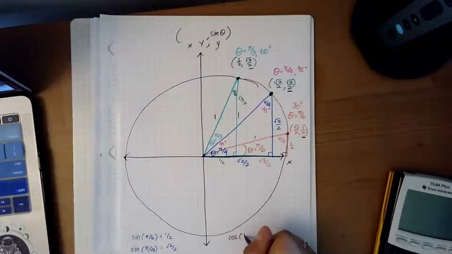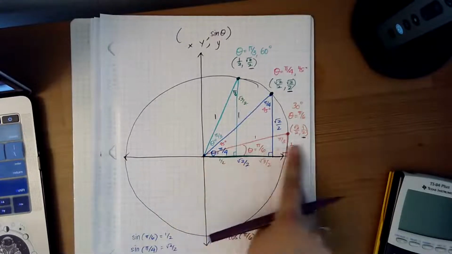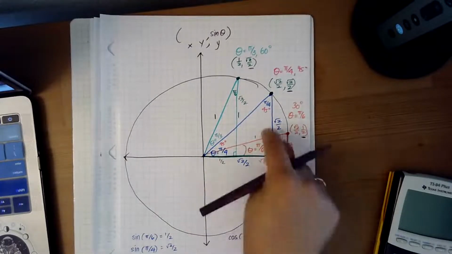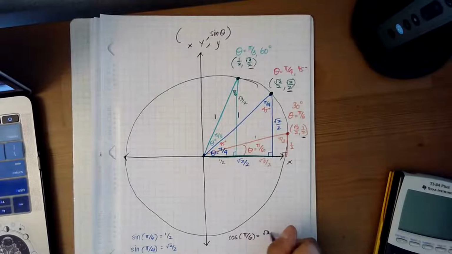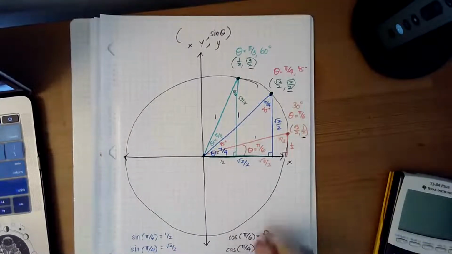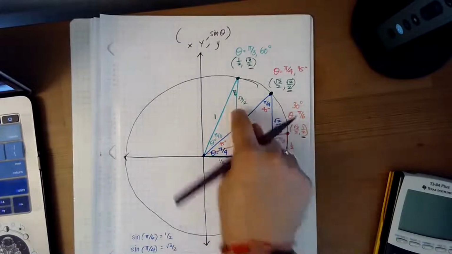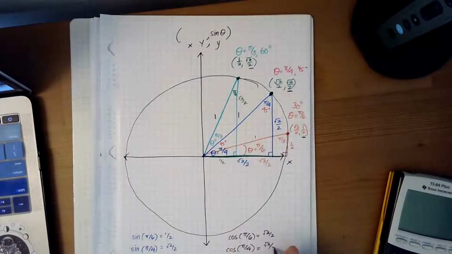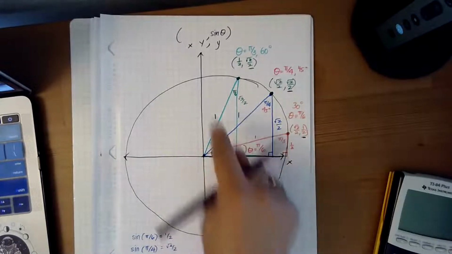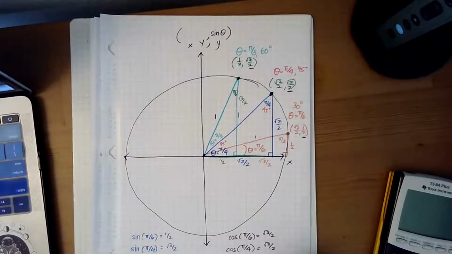What's cosine of pi over 6? Let's see. Pi over 6 is right here, which is adjacent over hypotenuse. Radical 3 over 2. Cosine of pi over 4. So pi over 4 is adjacent over hypotenuse. Radical 2 over 2. And cosine of pi over 3, adjacent over hypotenuse, gives me 1/2.